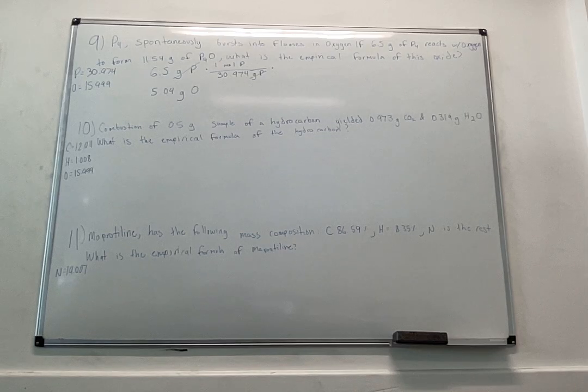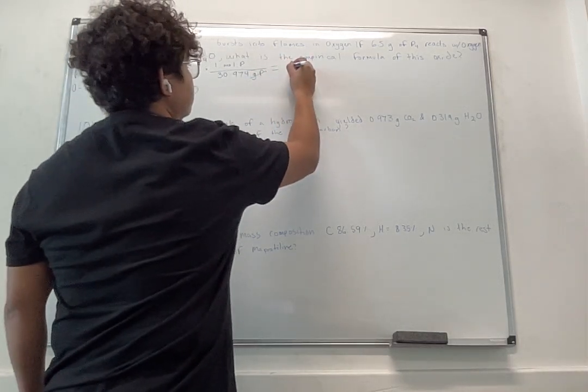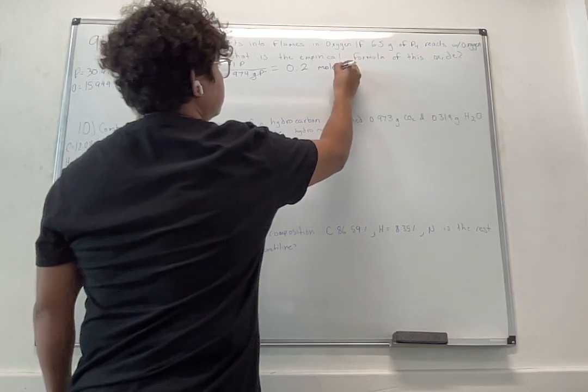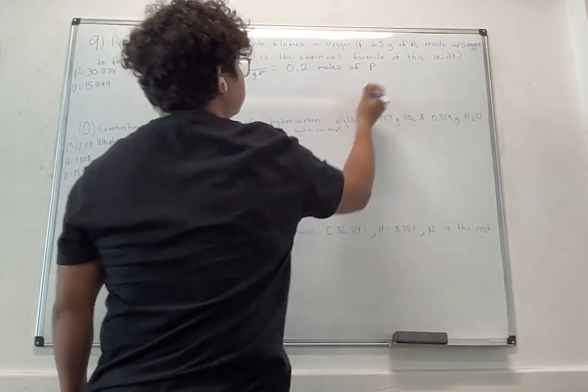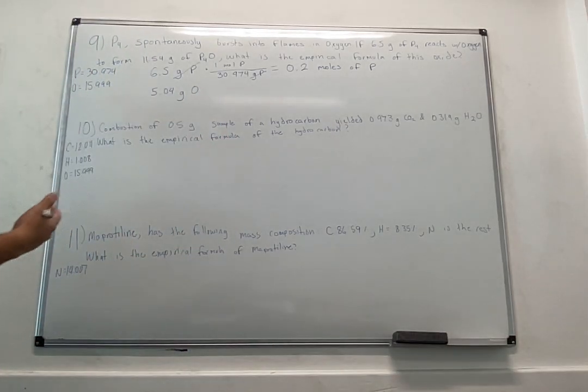So now 6.5 over 30.974 is going to give us our moles of phosphorus. So this will equal 0.2 moles of phosphorus. Over here, same thing, we need the moles of oxygen.